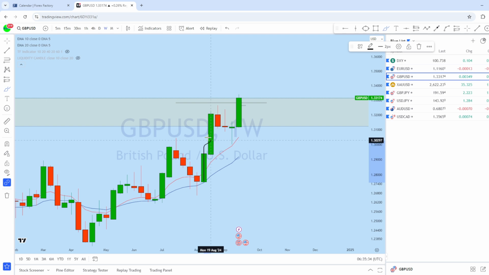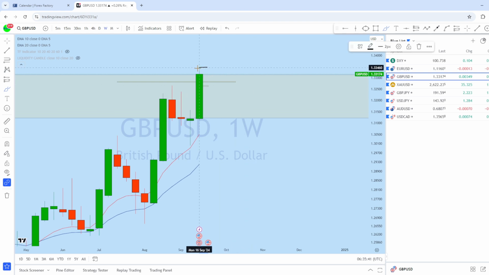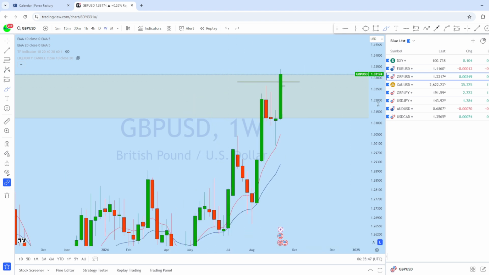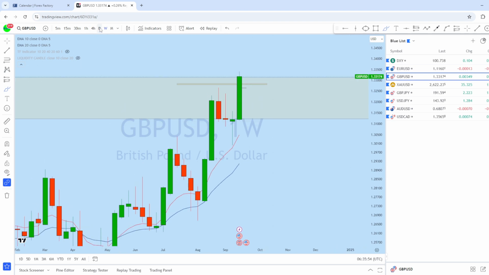And we can see that there is a bounce followed by a pullback, 2 weekly doji formation. And we can see here is a massive weekly bullish candle last week. That might give GBPUSD further potential to the upside. And we may see that the price is continuing to the upside.